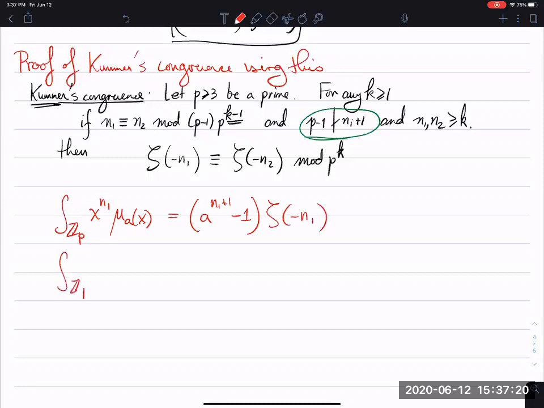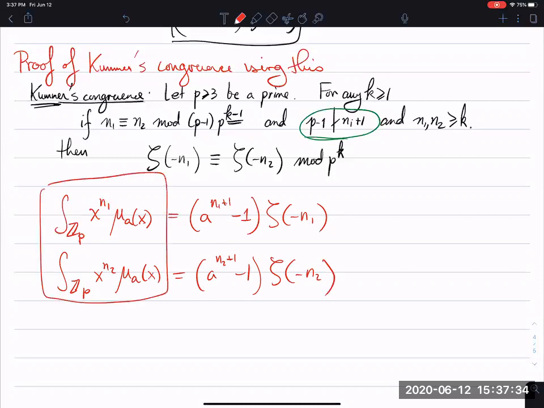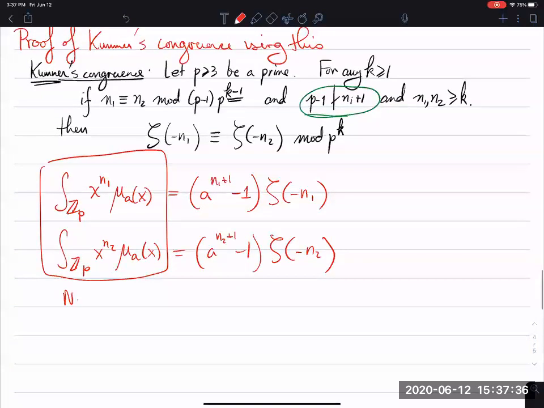And if I integrate x to the n2 mu a x, I get a to the n2 plus 1 minus 1 times zeta of minus n2. Okay, so now I look at the left hand side. We note that x to the n1 is always congruent to x to the n2.